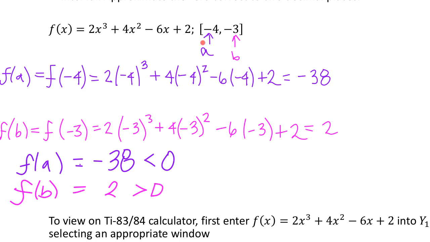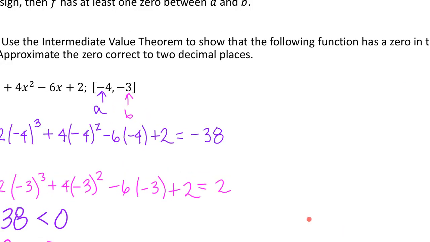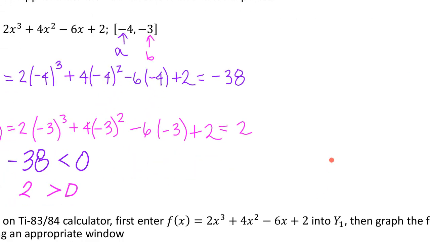0. So by the intermediate value theorem, we have shown that f of a and f of b are of opposite sign. One is less than 0, one is greater than 0. So this is negative, that is positive. So we can then conclude that there is at least 1 zero between a and b. And we had a pretty good feeling about that because we looked at the graph ahead of time.